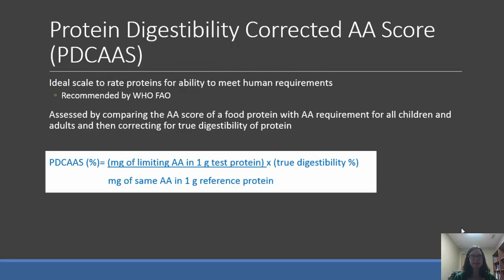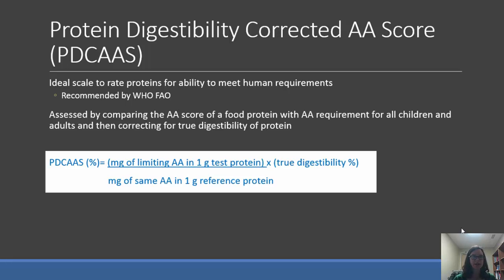And then we have our gold standard, which is our protein digestibility corrected amino acid score. So this is the ideal scale to rate proteins for their ability to meet human requirements, because it goes beyond the chemical score by factoring in the digestibility of a given protein, giving the amino acid profile more relevance to human needs.